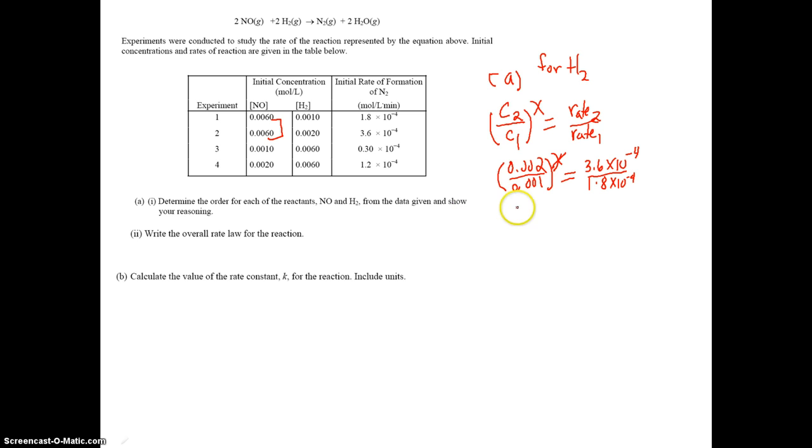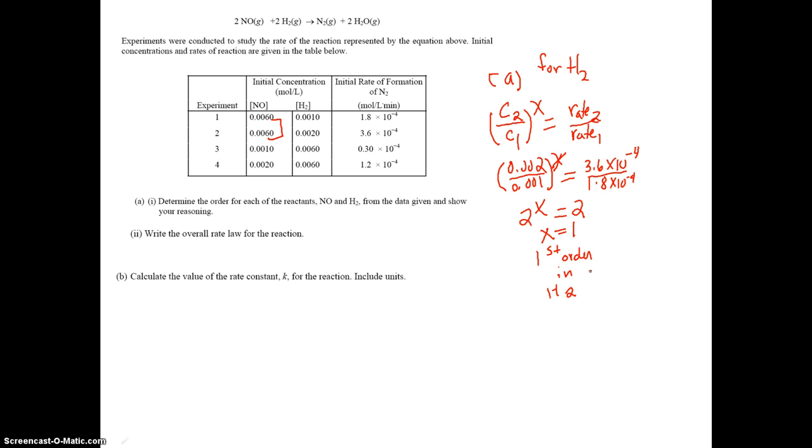So essentially we have this part being 2 to the x power must equal 2. And so the order with respect to hydrogen is 1. So we're going to say first order in hydrogen.